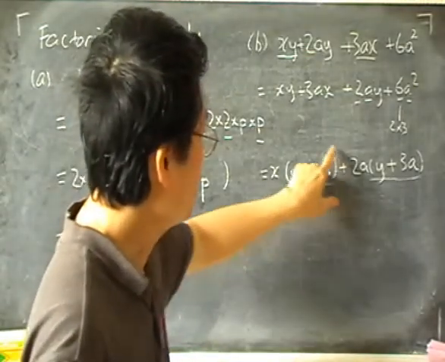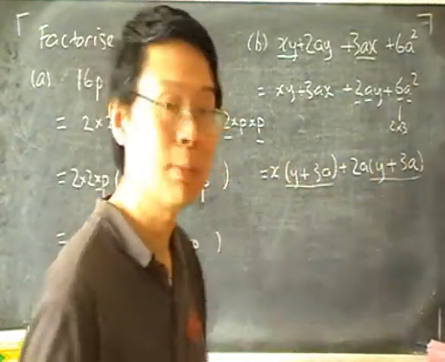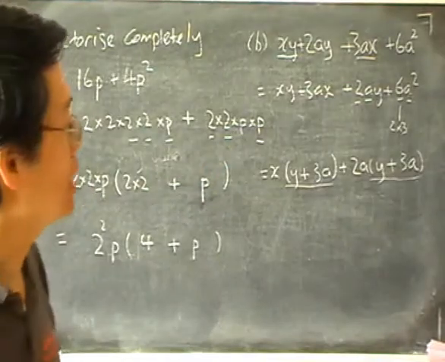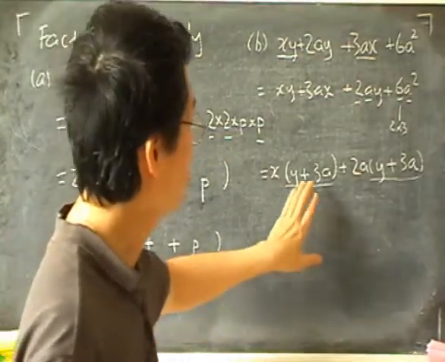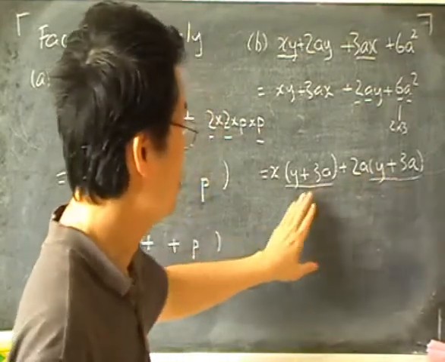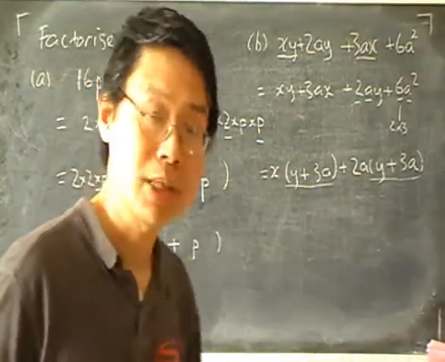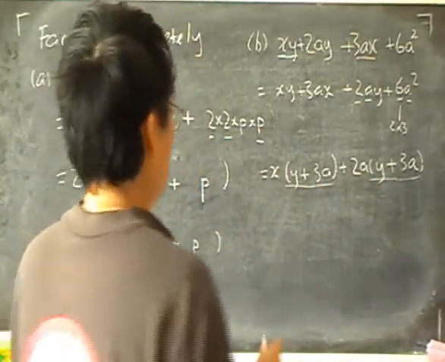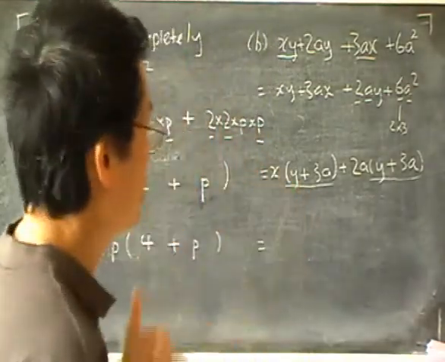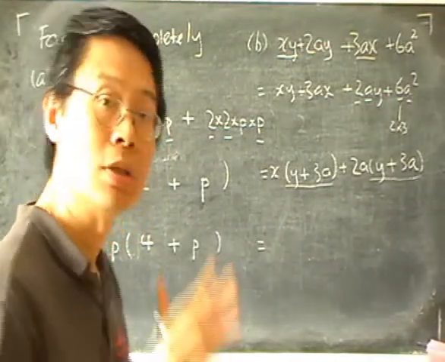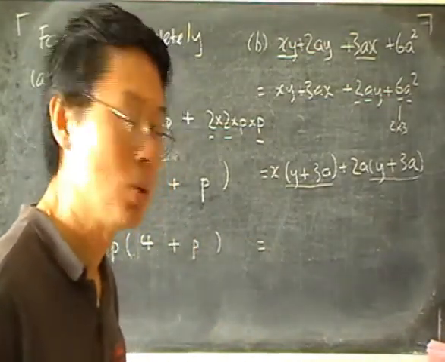So try and think of the whole bracket as a single number, and you will realize that that whole bracket is a factor, and you have a common factor here, which is the bracket. So therefore, we can do the next step. Now we can factorize this some more.